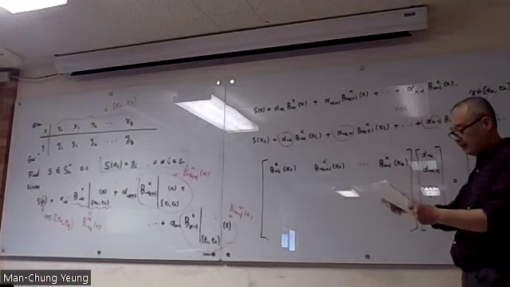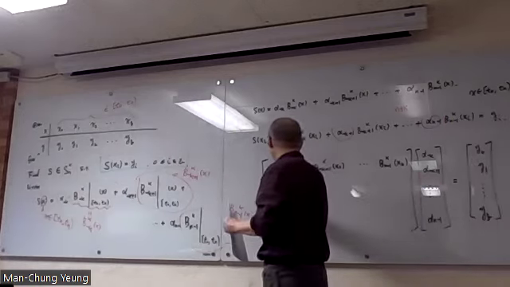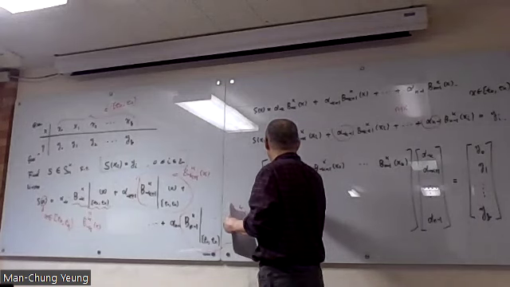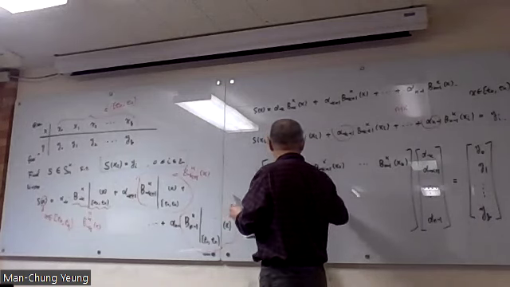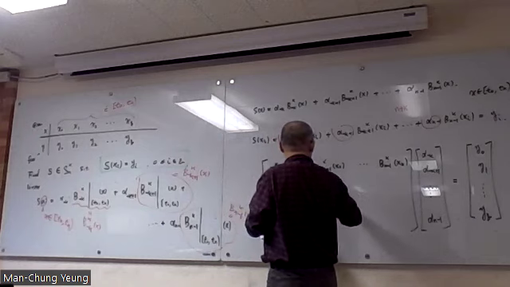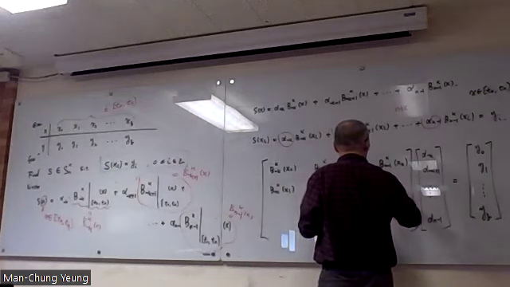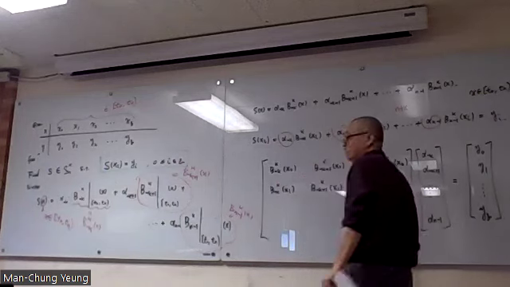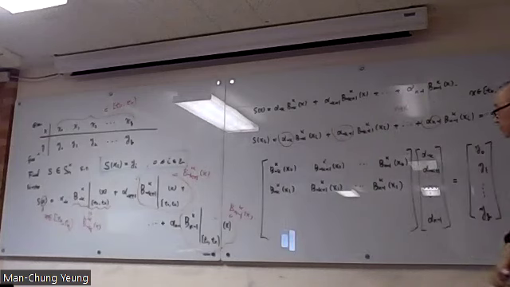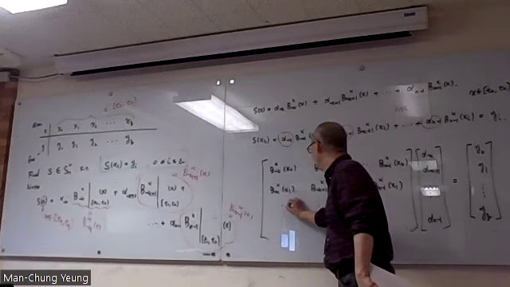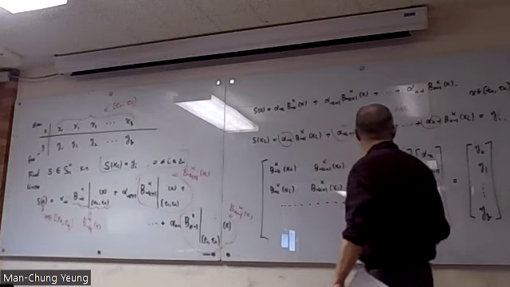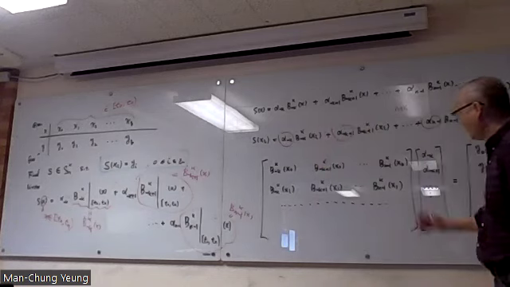Second row is the second equation: B_{-k,k}(x_1) up to B_{n-1,k}(x_1). I is 1, I is 2, then we have the third equation, then the last equation. I is q.